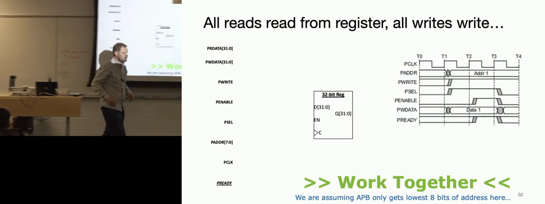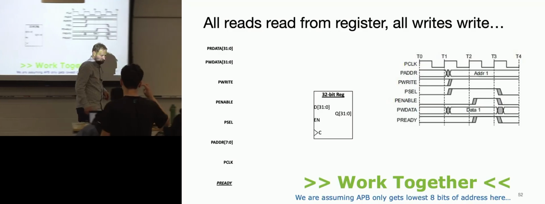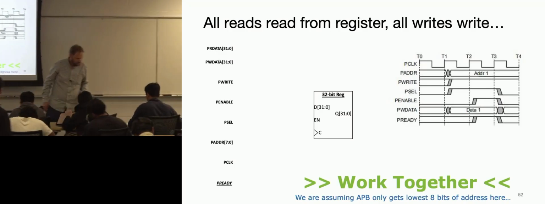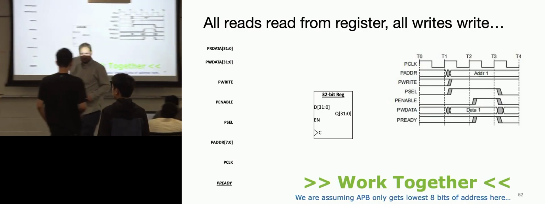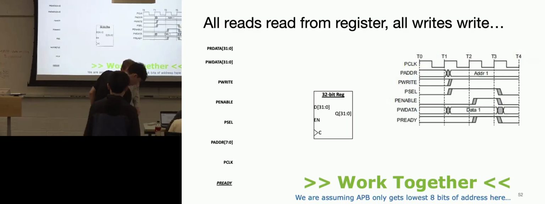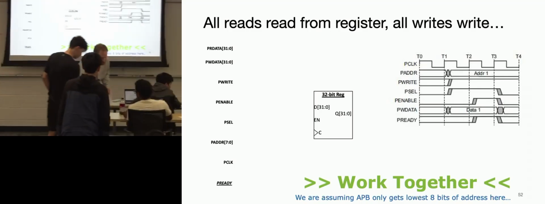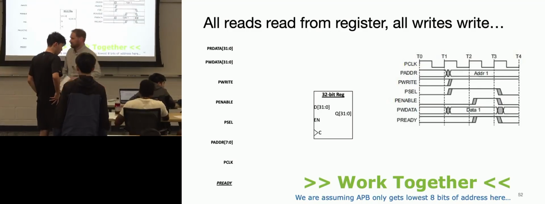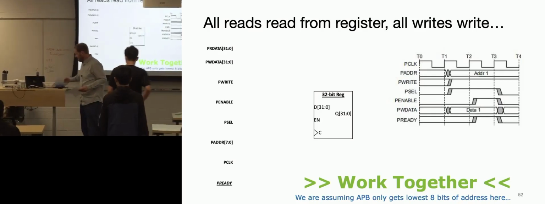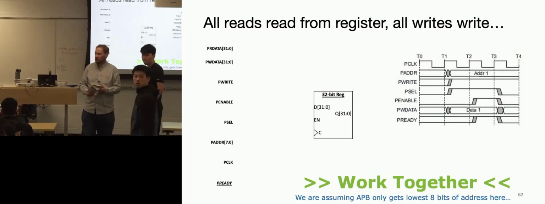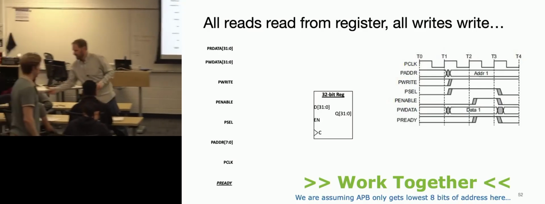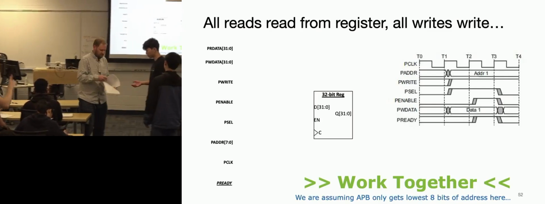So this should be 4.2. That's 5. All right. Does anybody have any extra worksheets? 4.2 worksheets? Number 5.